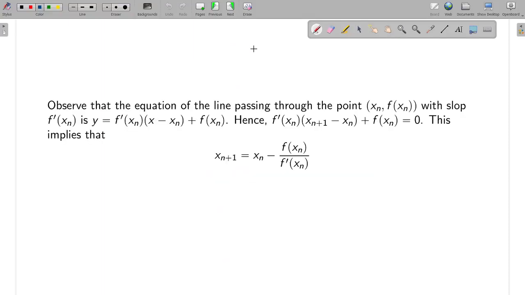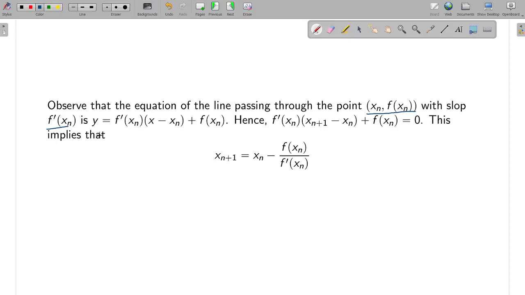So let's see what we do. We look at the equation of the line passing through the point xn comma f of xn with the slope f prime at xn. This is the tangent. What is it going to be?